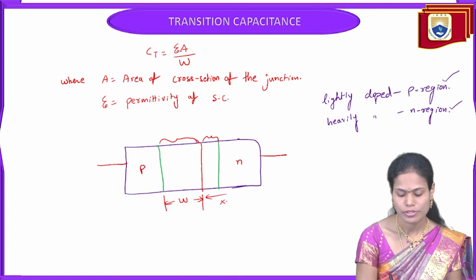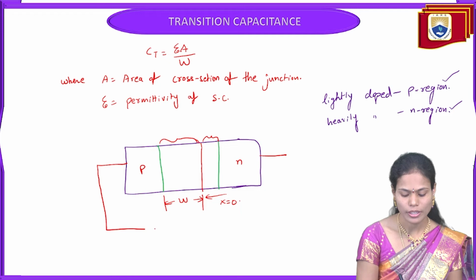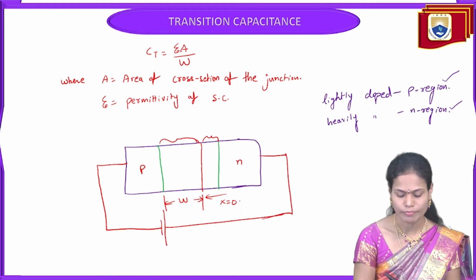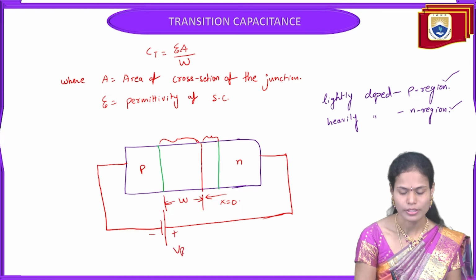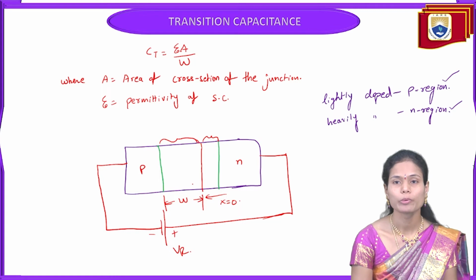So this is X equal to 0, and this appears when we provide reverse bias to the diode, that is VR. So here is the unequally doped PN junction diode with a reverse biased voltage.